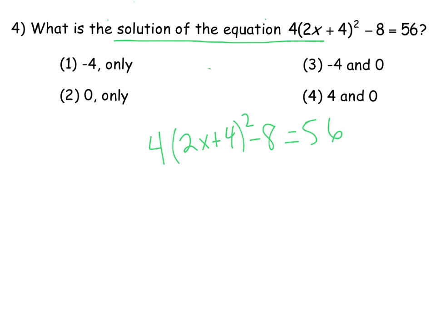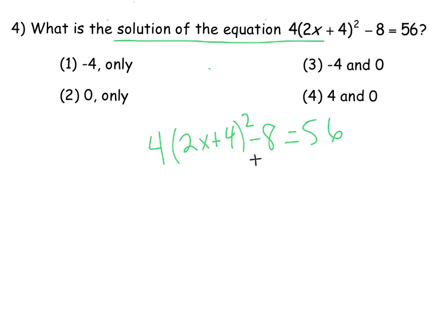You cannot, and I repeat, I'm putting it in red, you cannot distribute the 4. You cannot distribute the 2. This is bad. You cannot distribute an exponent, and you cannot distribute the number out front. So we're going to scrap that. We can't do that. Okay?